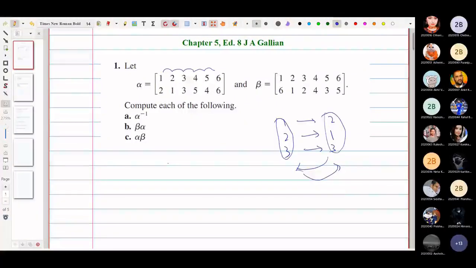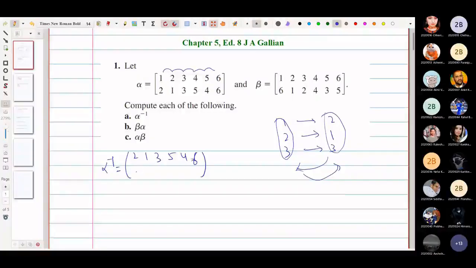So it is natural to write alpha inverse equals: let us change the role, so you can write the bottom row on the top. So we can write 2, 1, 3, 5, 4, 6, and then 1, 2, 3, 4, 5, and 6. I am just telling you a simple method to do this.